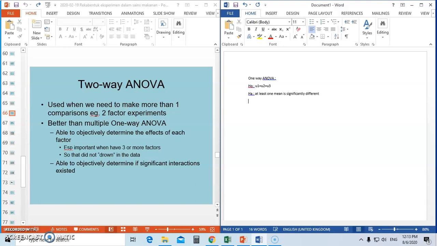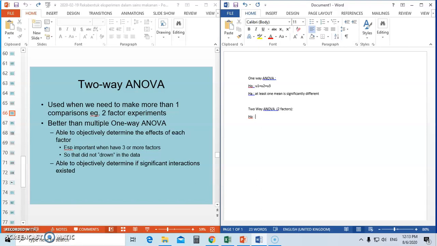However, for a two-way ANOVA, the null hypothesis will be, assuming that we have two factors, just put it over here, two factors, the effects.